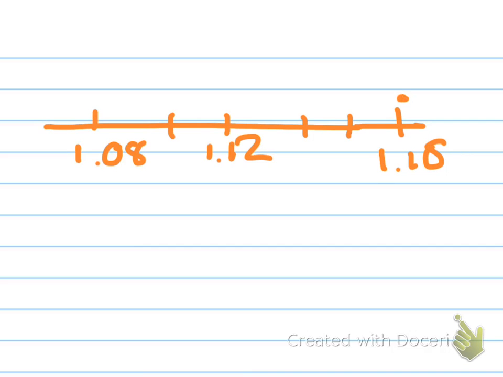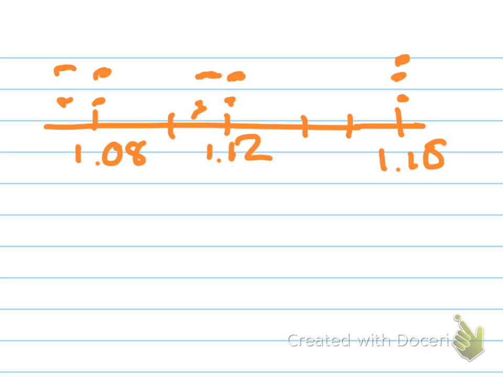When I plot it out on a dot plot, if I start at 1.08 and go by twos, 1.10, 1.12, 1.14, 1.16, 1.18. I have 3 dots here, 2 dots here, 2 dots here, 2 dots here, and 2 dots here.